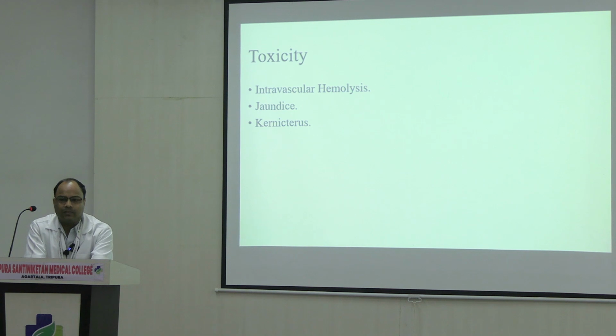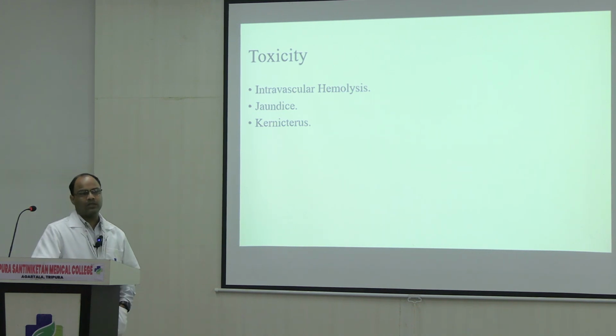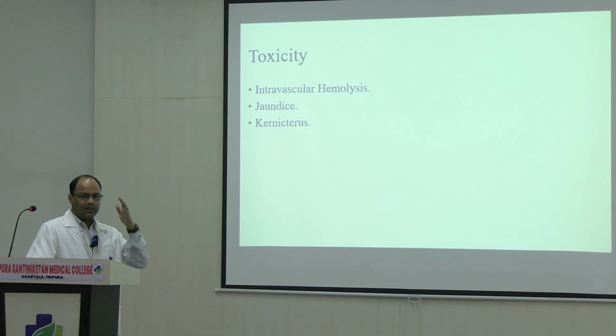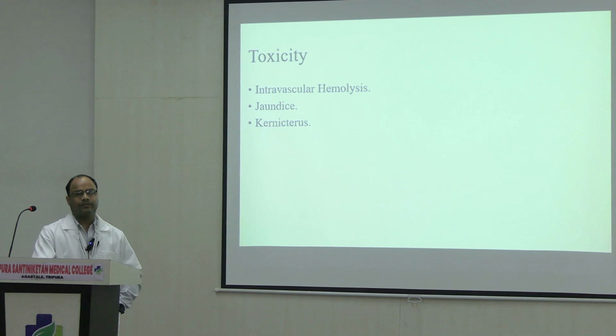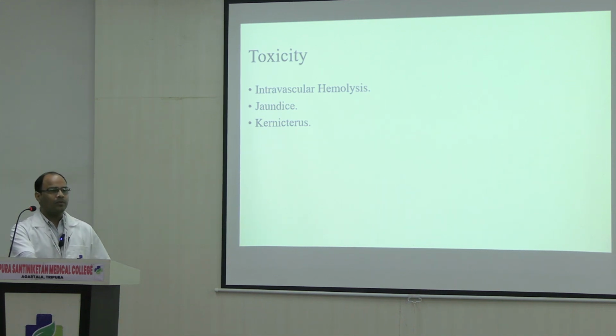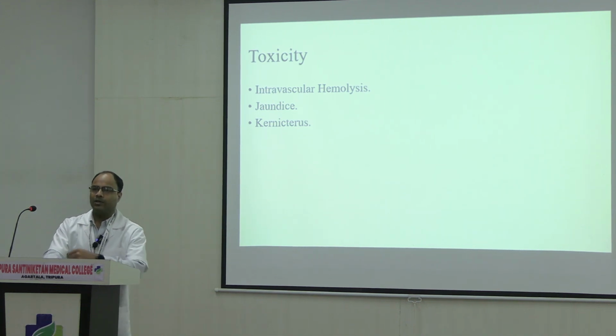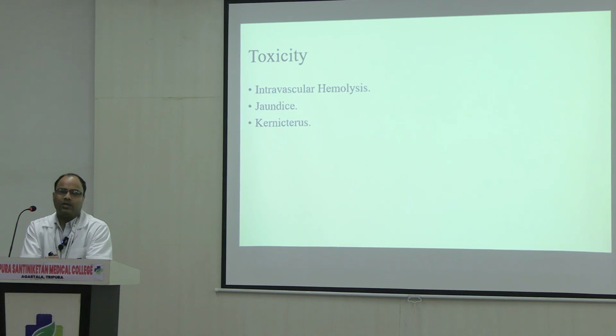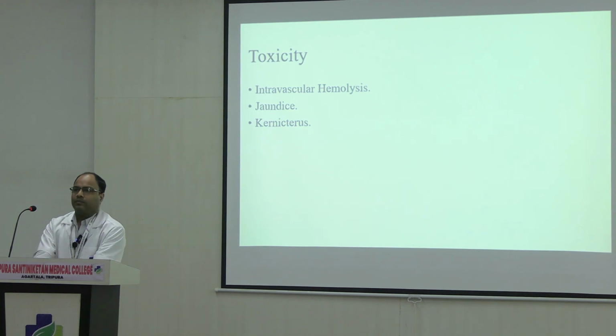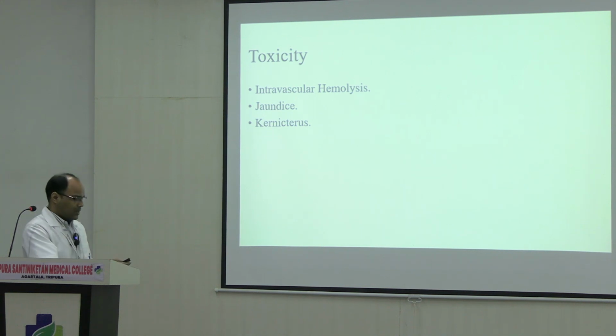Remember. And kernicterus is a type of jaundice that can affect the brain, especially in babies. Where the bilirubin level is very high, it can cross the blood-brain barrier and damage the brain. Kernicterus. So this kind of toxicity develops.